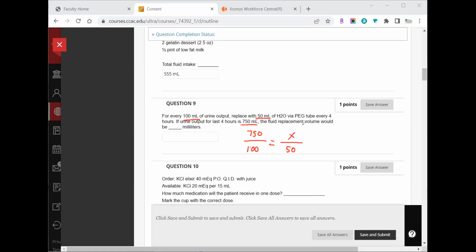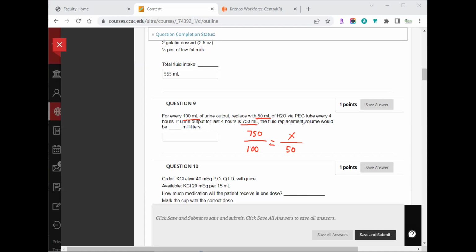So I'm just going to say X. I know nursing students hate that unknown X variable. But when I do that, that actually allows me to do something that a lot of nursing students try to do with regular multiplication problems, which is cross multiplication. So this would be one way to set up a problem like this.